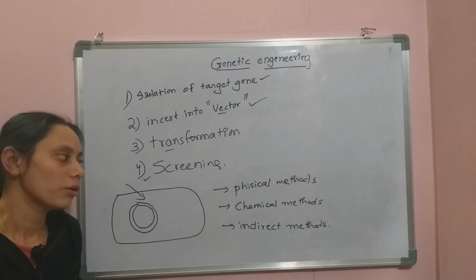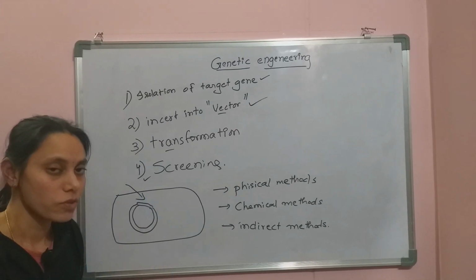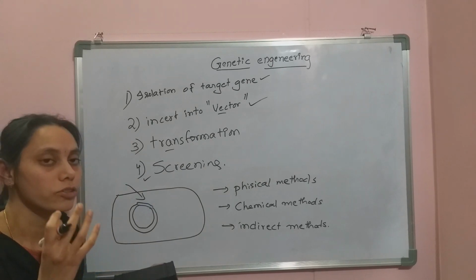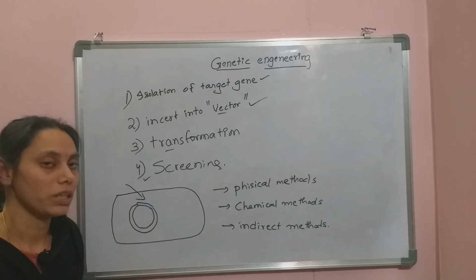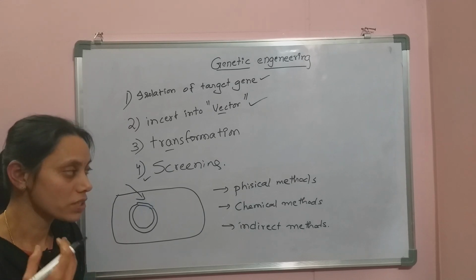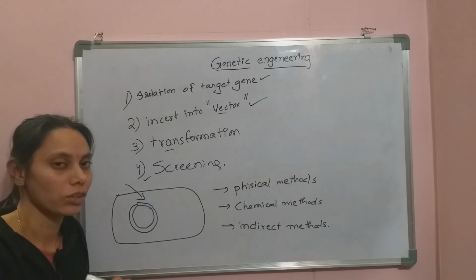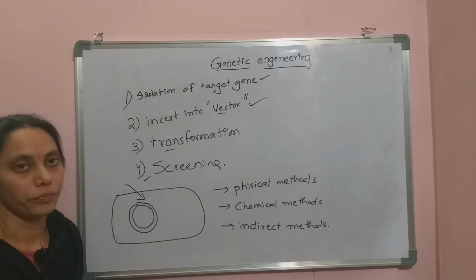So here, coming to the physical methods of transformation. In the transformation, as we already discussed, it is the process of introducing a recombinant vector into the host organism. In the physical methods, the host cell is physically punctured so that the DNA will be inserted into it.